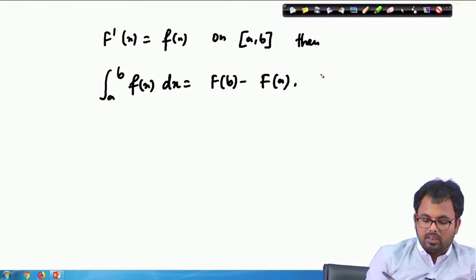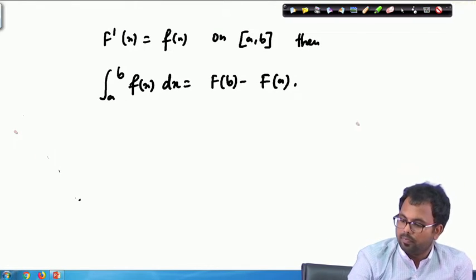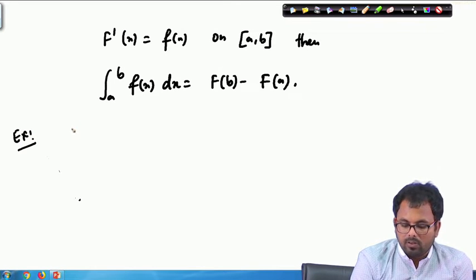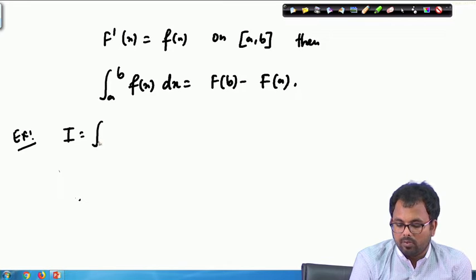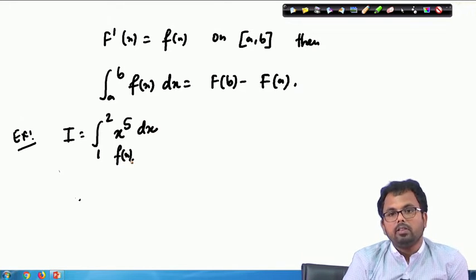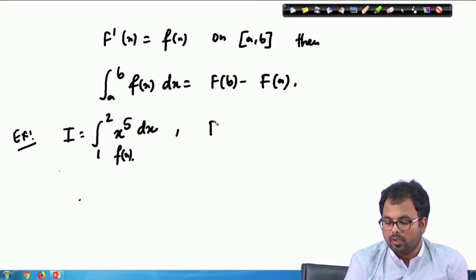So what I mean is, if we have something like I equals the integral from 1 to 2 of x to the power 5 dx, then this is basically my small f(x), and I need to find a function capital F such that capital F dash x equals small f(x).